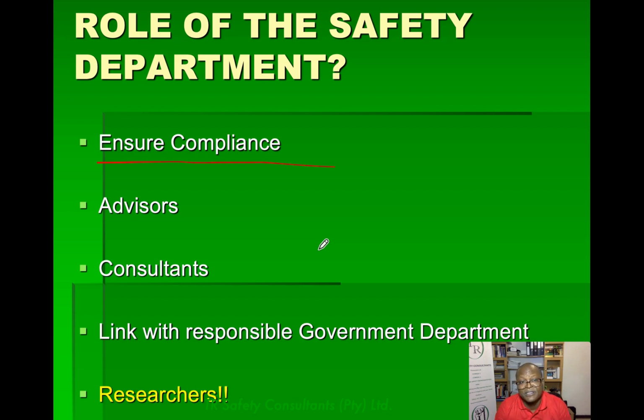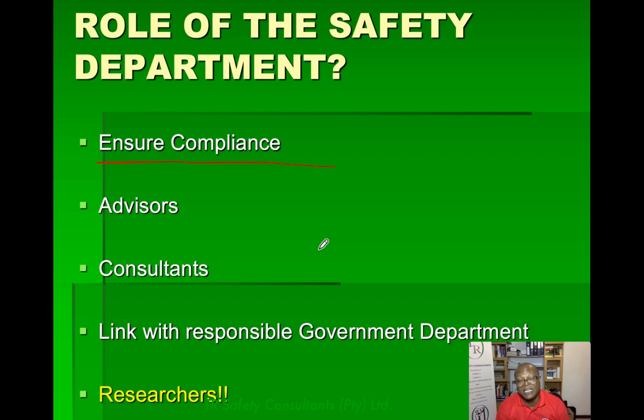That's a must. So as the safety department, we go out there, we do our work in terms of PTOs and checking for compliance. Inspections are about checking for compliance, that this working place is compliant to the required standards.